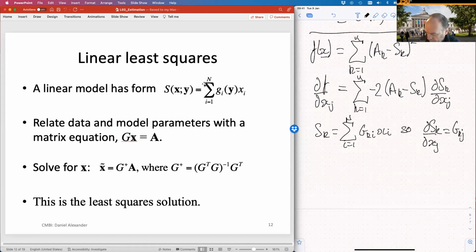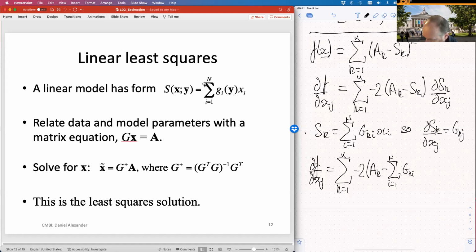So then let's plug these back into our expression for the derivative of the objective function. So then we get df by dx_j equals the sum over k of minus 2 (a_k minus, let's put in this sum now for s_k, the sum over i from 1 to n of G_ki x_i), all multiplied by this derivative G_kj.